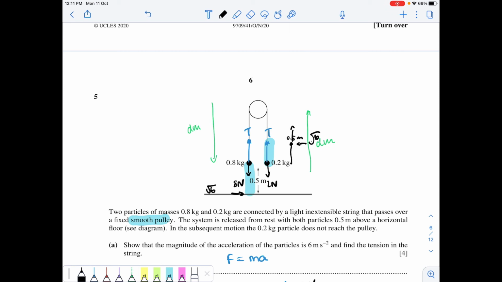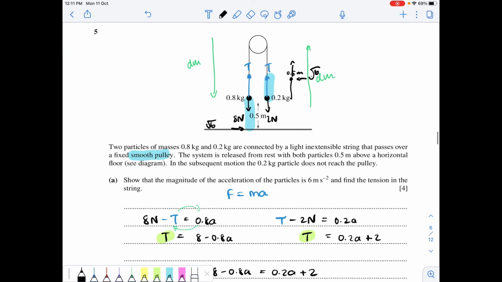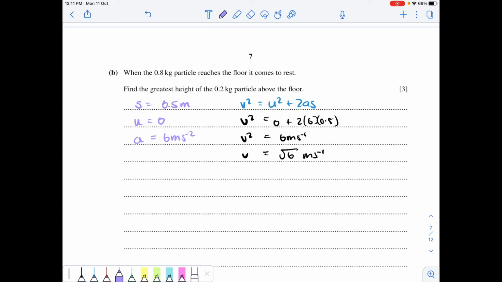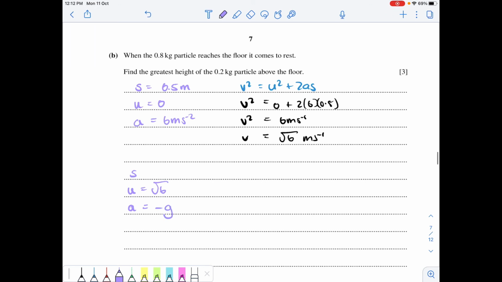Now, the difference going forward is that there's no more tension. So the only force acting on the object is its weight, and when the only force acting on an object is its weight, with no resistance or anything else acting, the acceleration is the same as the gravitational constant. So displacement is what we want. We know the initial velocity is square root 6. The acceleration is now going to be minus g because it's going against gravity, and because there's no other forces acting on it, it's just the gravitational constant, so this will be minus 10.